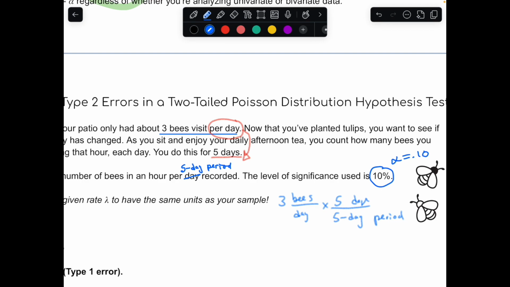So I kind of write it out so I can cancel out the units of days. And now I'm left with 3 bees times 5 over a 5-day period. Or I should see, on average, 15 bees for every 5-day period that I'm looking at.